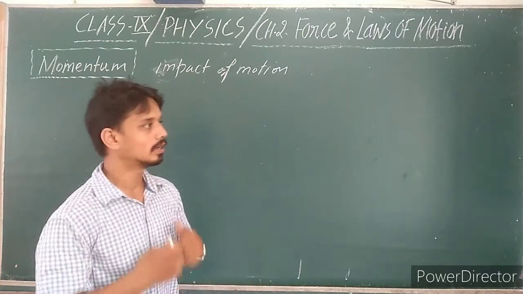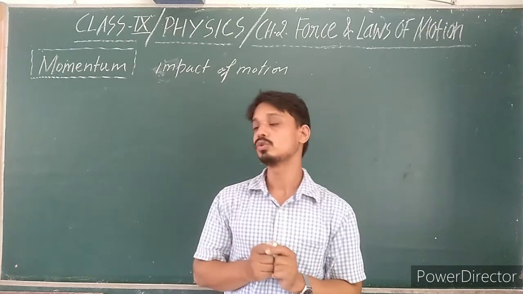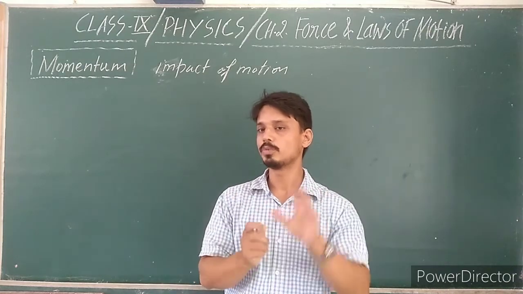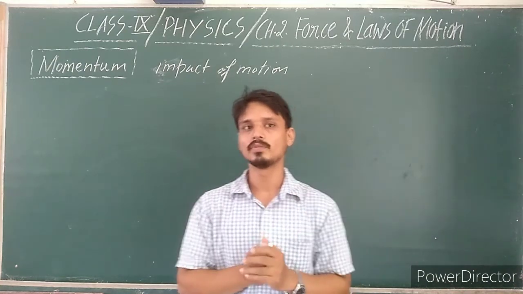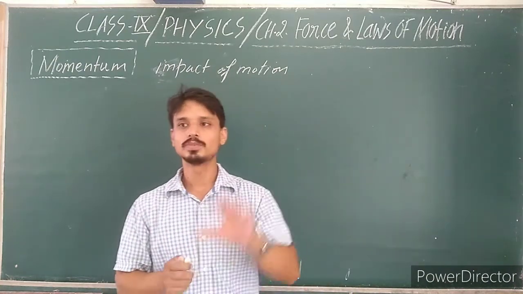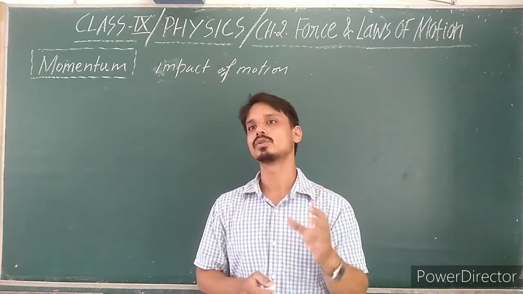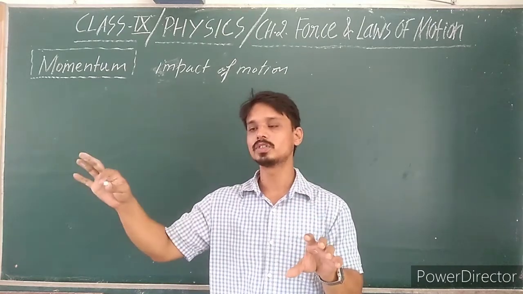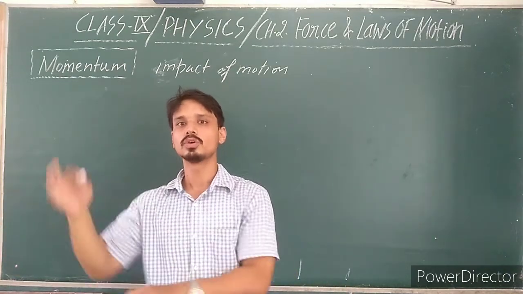Also the same, guys, when we observe two objects of the same mass, when we throw them with different velocity, the object with greater velocity needs more force to stop it, and the object with less velocity needs less force to stop it.